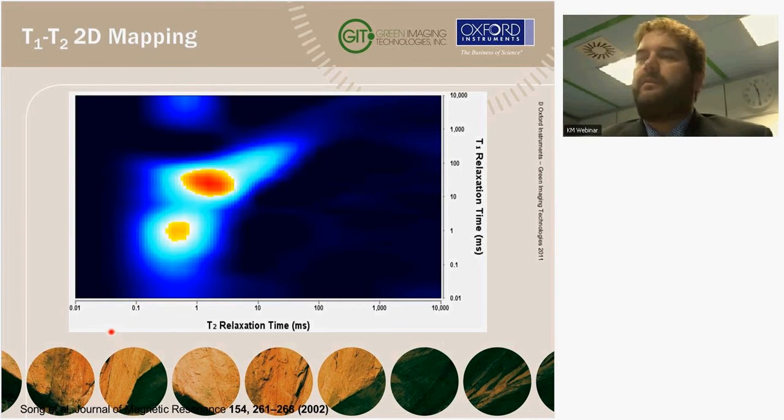T2 is what people call the spin-spin relaxation, and it is affected by inhomogeneity of the magnetic field at molecular scale, where things are very close to that hydrogen. T1 is called the spin-lattice relaxation, and its scale is slightly larger than that.